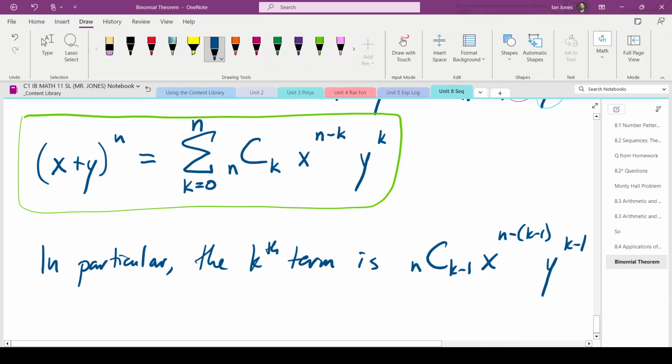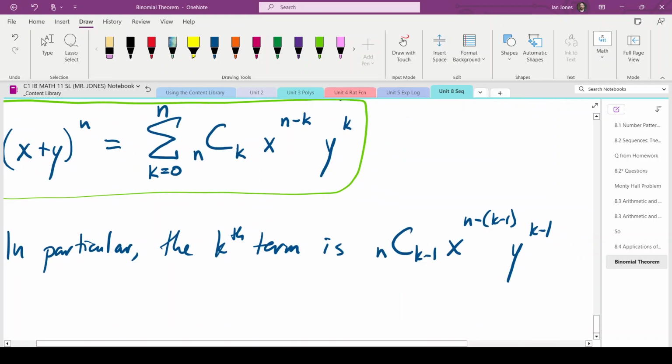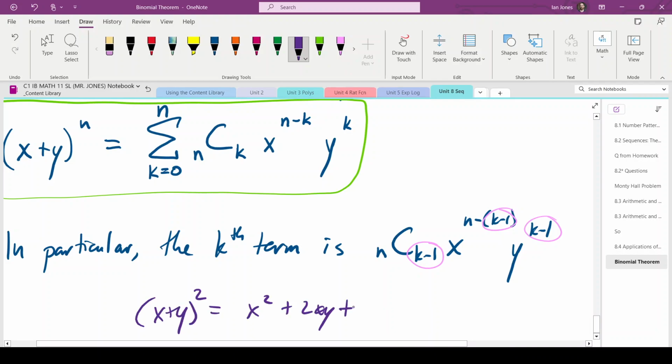Now, we have to be careful here. I have k minus 1 everywhere. Why do I have k minus 1 everywhere? Because if I have, for example, x plus y squared, I get x squared plus 2xy plus y squared.